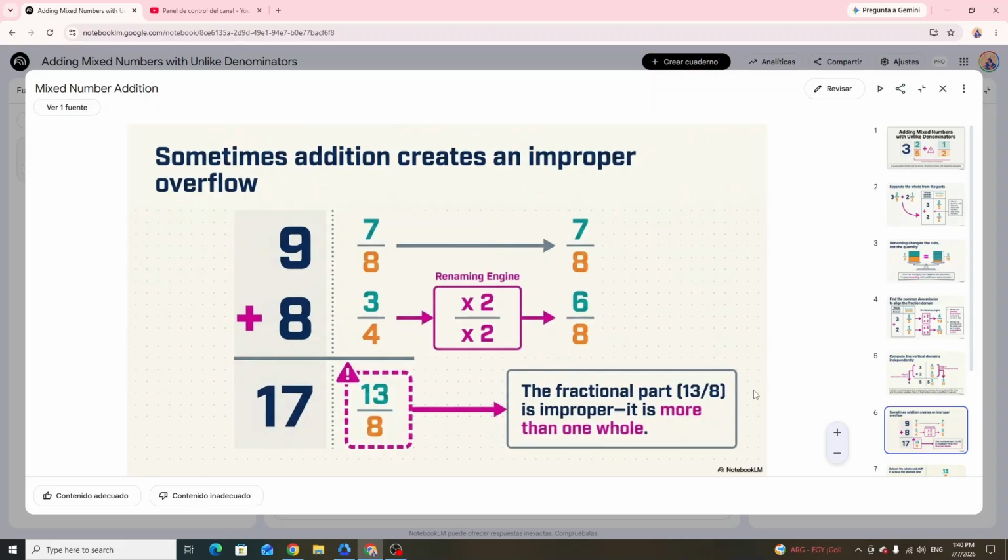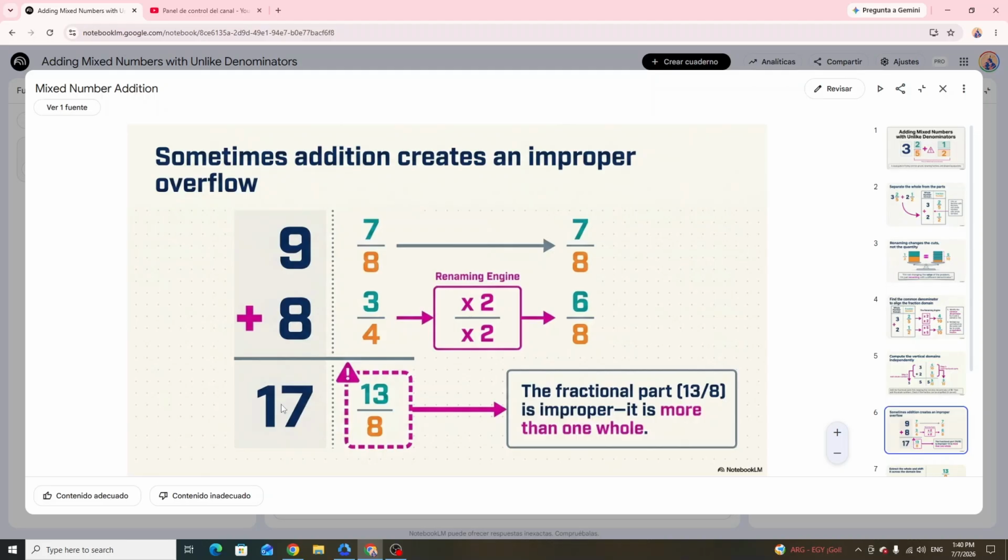Okay, so now that I have the same denominator, 7/8 plus 6/8, I just add up the numbers on top. 7 plus 6 gives me 13. That's why you see here in the box 13/8, and that's an improper fraction. Oh, I'm sorry, before I go to the next slide, 9 plus 8 gives me 17.